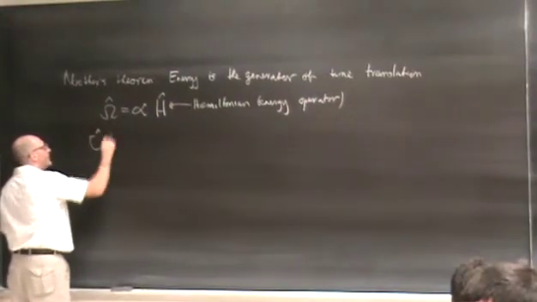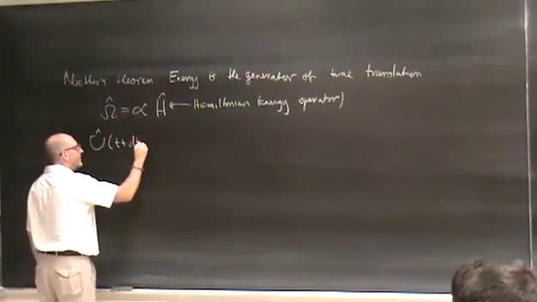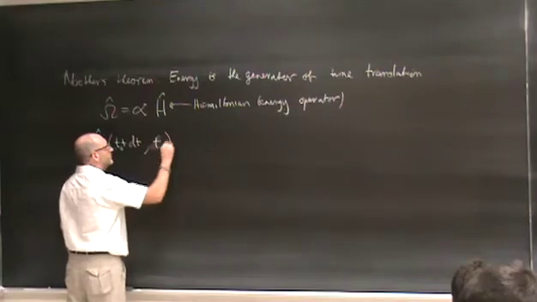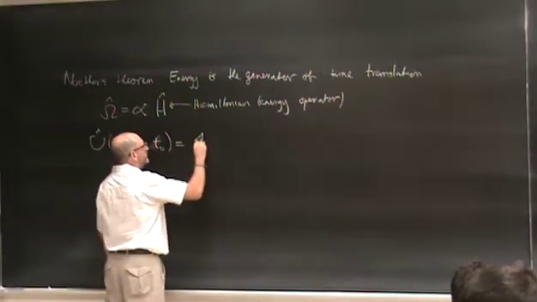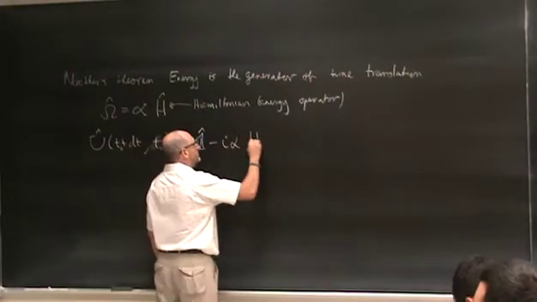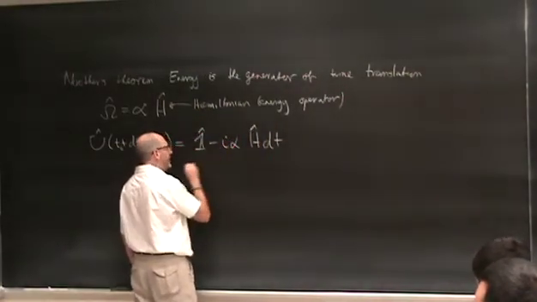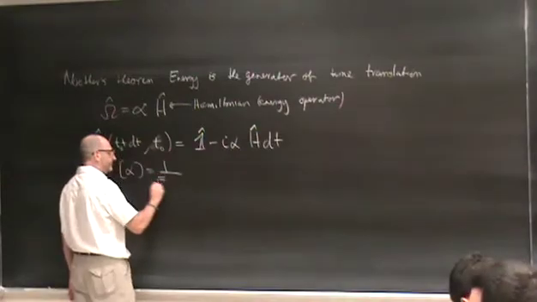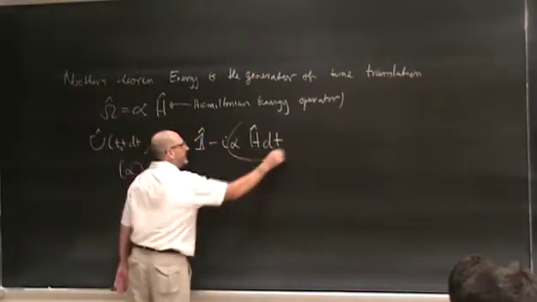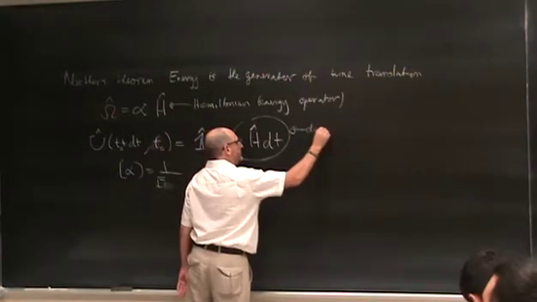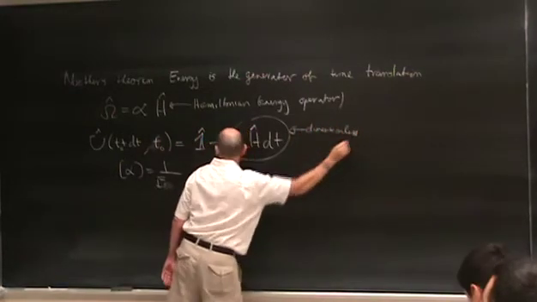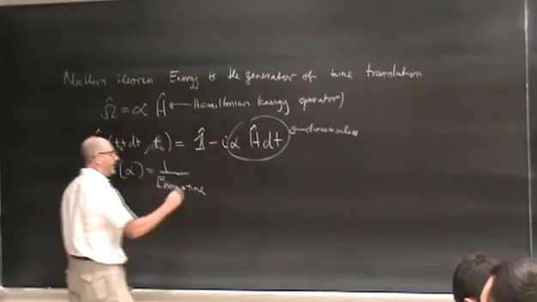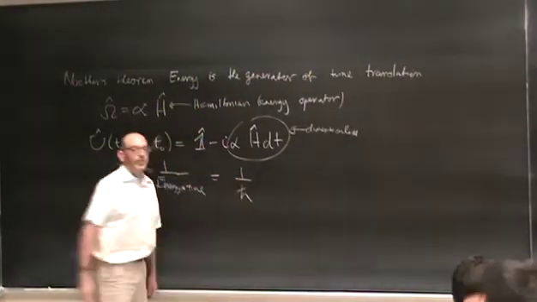Because U, for this differential math, this constant alpha has the units of one over energy times time, because this is dimensionless. And that constant, H.